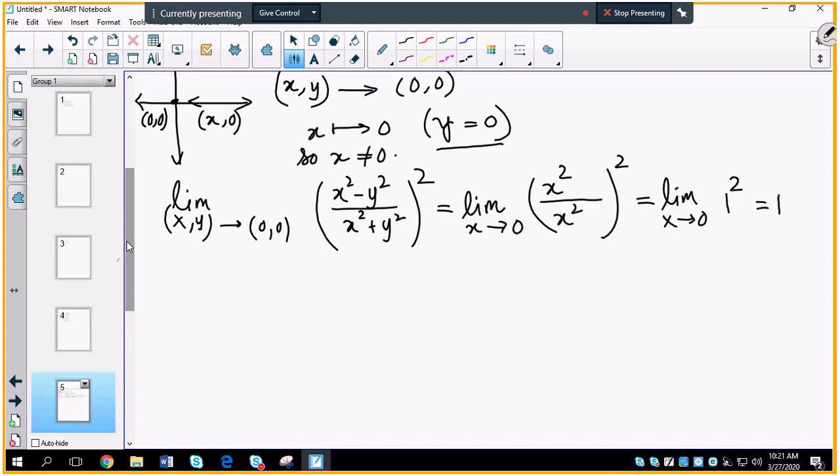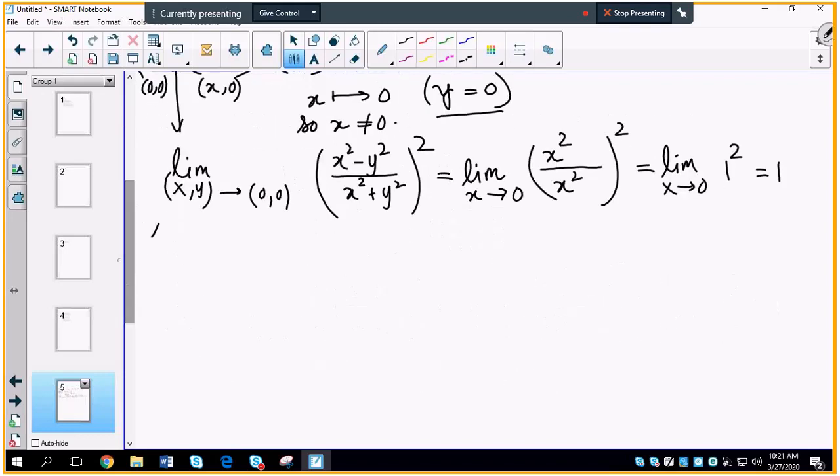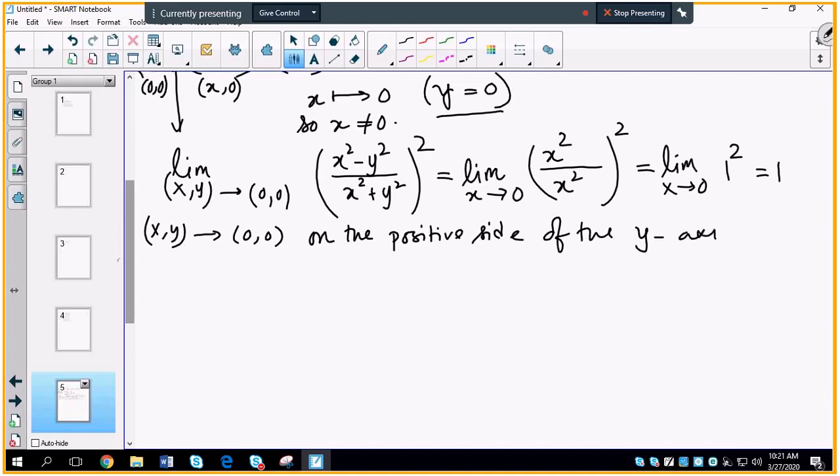So what happens when I'm approaching the point 0 comma 0, but this time on the positive direction of the y-axis? I say x comma y is approaching the point 0 comma 0, but this is on the positive side of the y-axis. Then what am I going to see?